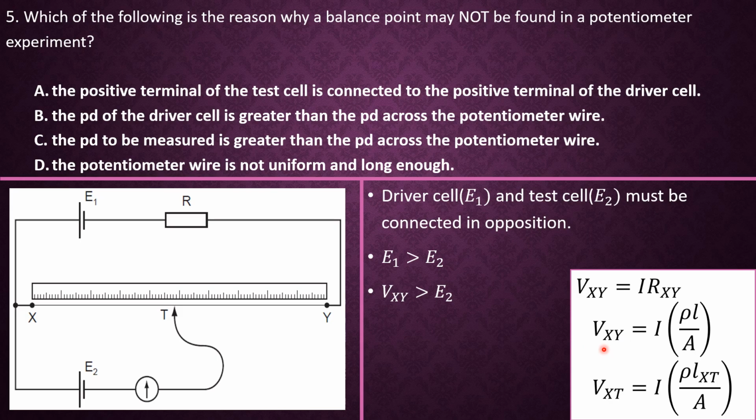So our Vxy here is basically I times Rxy, which is rho L over A. So the entire length of this material divided by A, that is Vxy.